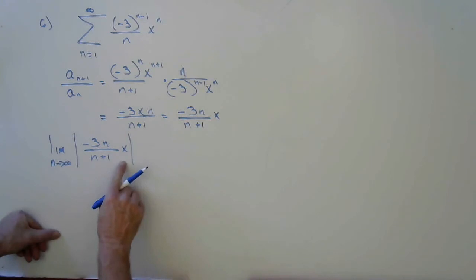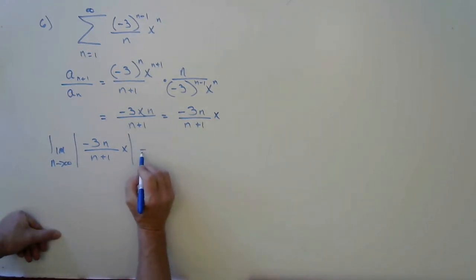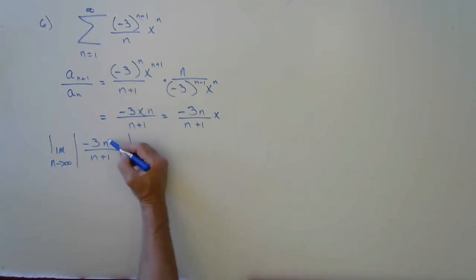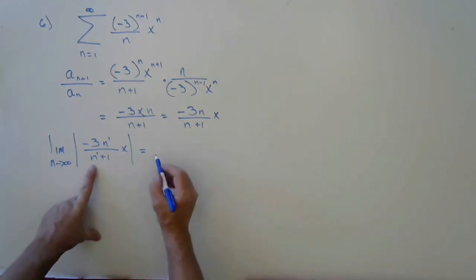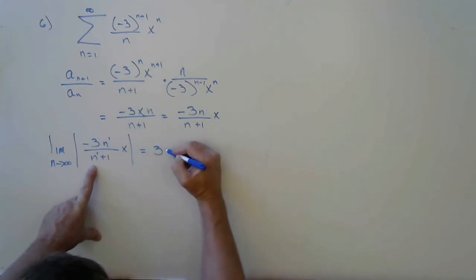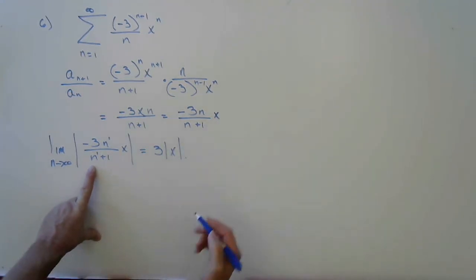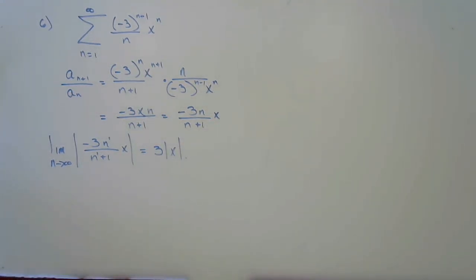But of course, x can come out, and we're left with the leading coefficients as our answer, because we have the same degree in the numerator as we have in the denominator, and so we're left with the absolute value of negative 3, which turns out to be 3, and of course we can't evaluate the absolute value of x, so we get 3 times the absolute value of x.